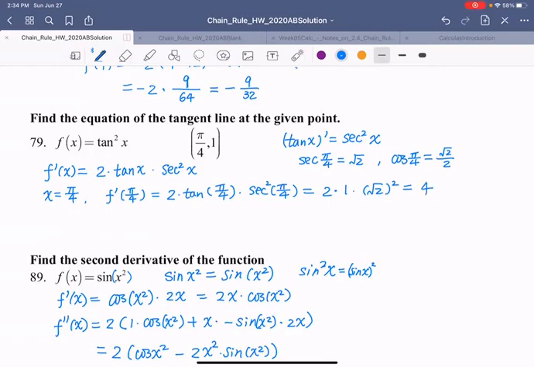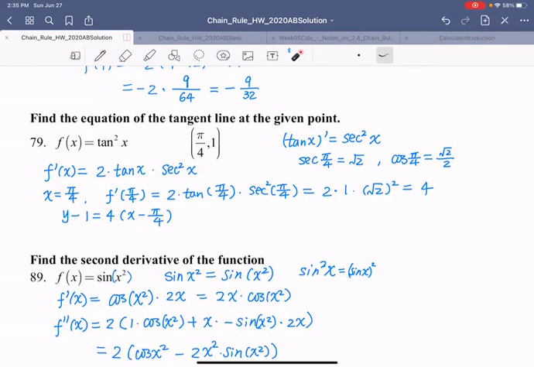Now let's do the point slope form. Y minus 1 is equal to 4 times x minus pi over 4. That's the equation of the tangent line at this given point.